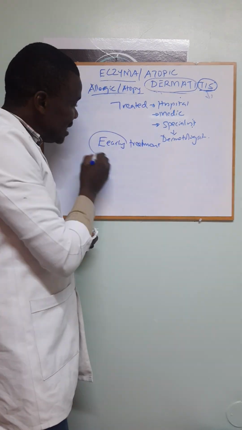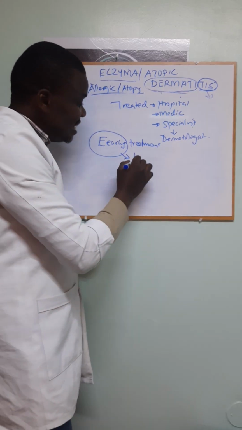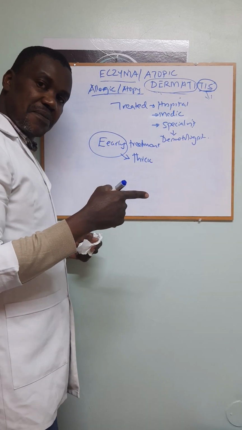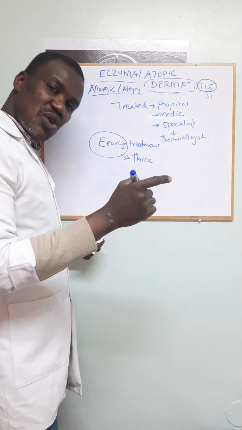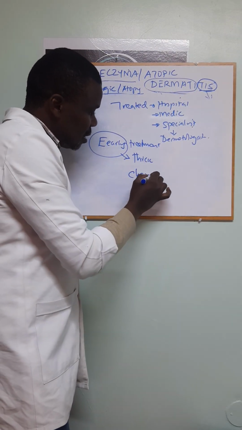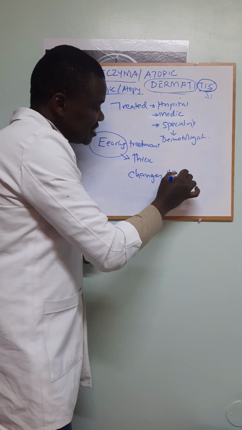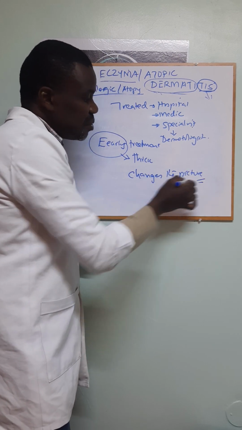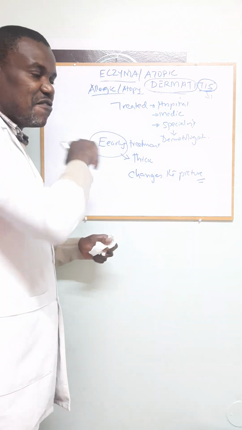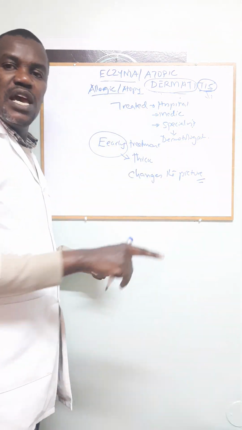And the reason I'm saying early is because we've said that the skin becomes thick, rubbery, and leathery. And with the scratches called excoriation and the wounds, it changes the picture. As the child is growing older, it does not typically look like eczema. It looks like a fungal infection, a bacterial infection, or something else.